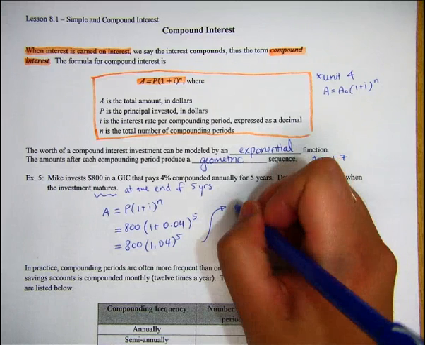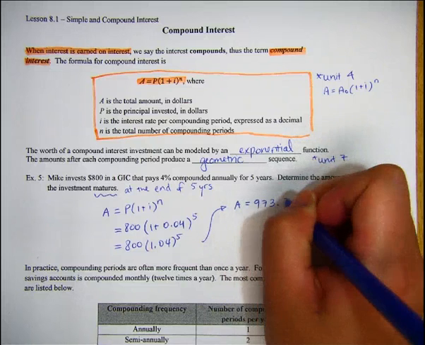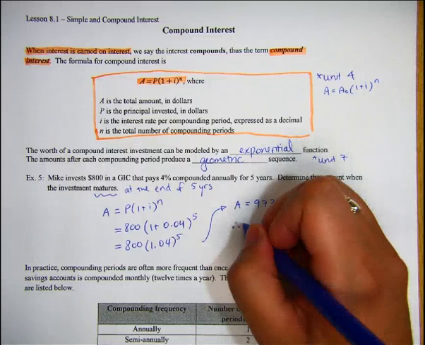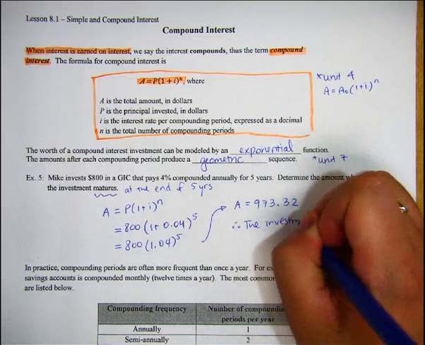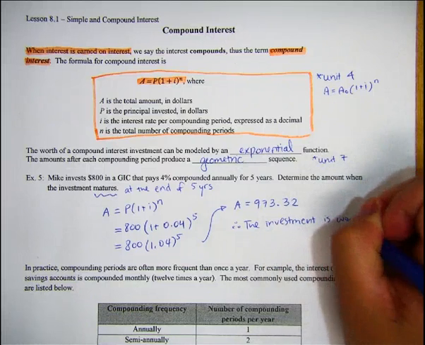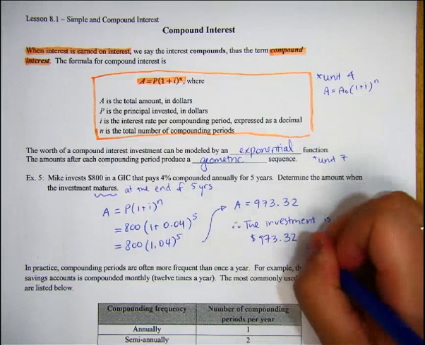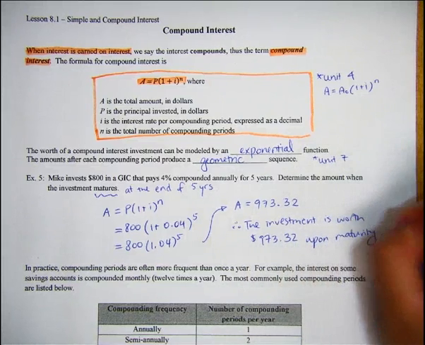And because we are talking about money, just make sure that you round your final answers to 2 decimal places. So therefore, the investment is worth $973.32 upon maturity.